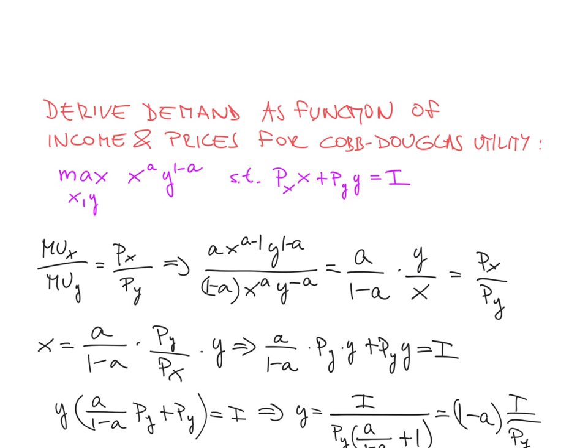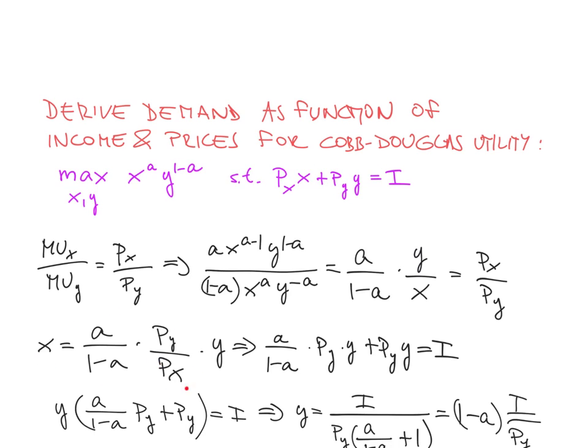And then we can use the second equation we have. So the second equation is the budget constraint. Price of x times x plus price of y times y equals income. And that's right here, except I already substituted x into the budget constraint. So we have this is x. We multiply that by price of x.